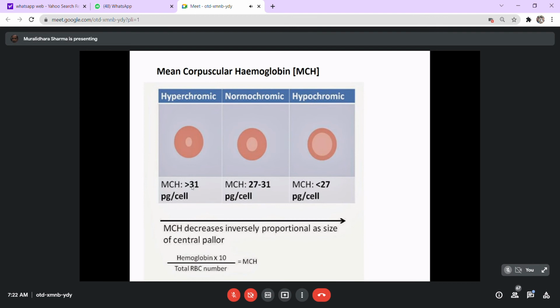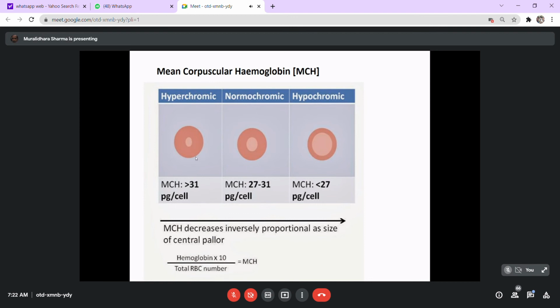If you go to the laboratory, you'll see the hemogram assessment tool, where there is a sensor, and a red light passes through, and that will assess the color. It will assess the hemoglobin as well as the RBC number. So it's calculated as hemoglobin concentration multiplied by 10 divided by the number of RBCs, giving the mean corpuscular hemoglobin.